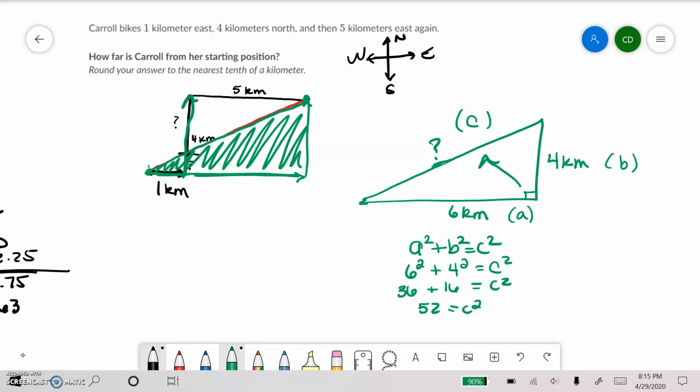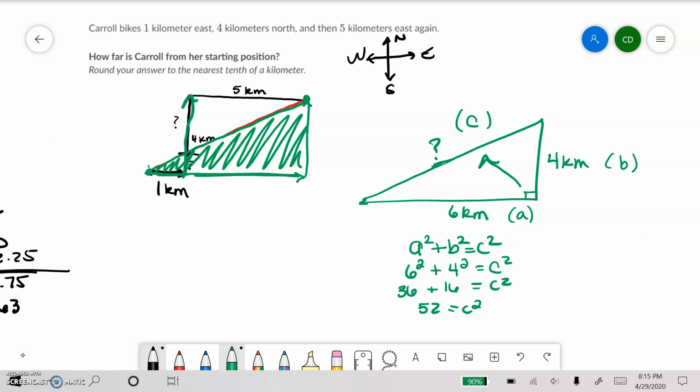I know the square root of 52 as a simplified version, but unfortunately I don't know what it is off the top of my head as a decimal. I know it's between 49, which is 7 squared, and 64, which is 8 squared, and it's definitely closer to 49, so it's going to be closer to 7.